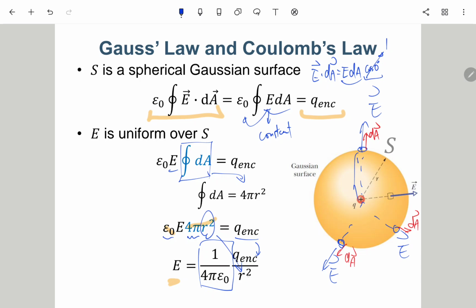So this is actually what we can get from Coulomb's law. Or you can say Coulomb's law is something like 1/4 pi epsilon naught, and then Q enclosed times Q0, and then E will be F over Q0. So it turns out to be this one. So you can also say this one is Coulomb's law.